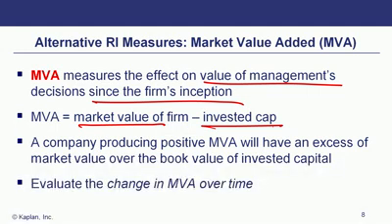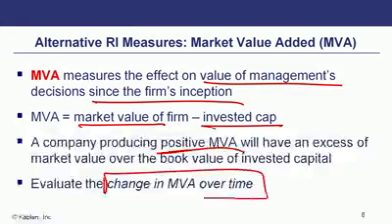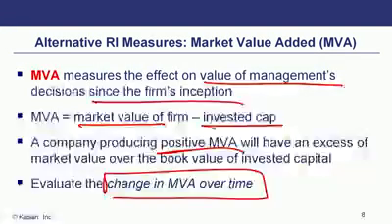So a company producing positive market value added will have an excess market value over its book value because it has created what? More returns over the fair return. And what you should do is then see the change in the market value added over time.